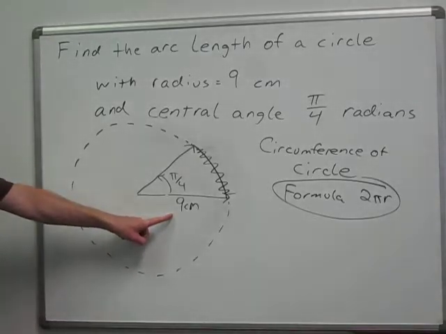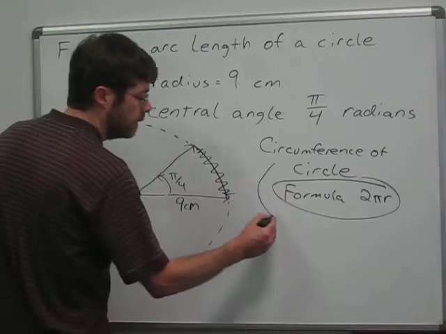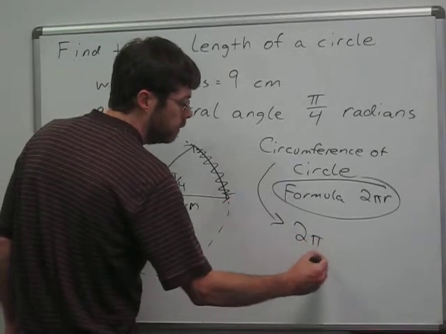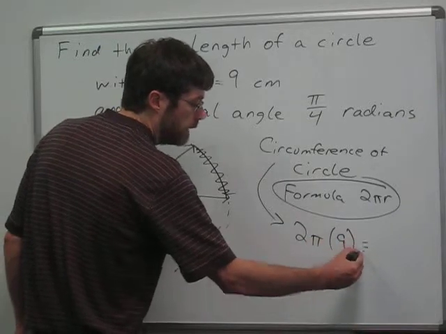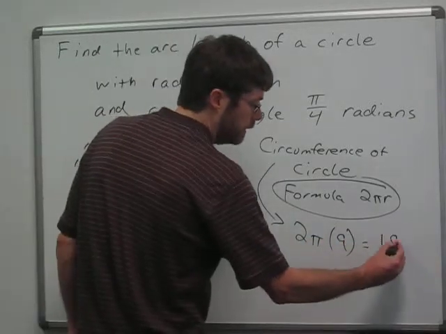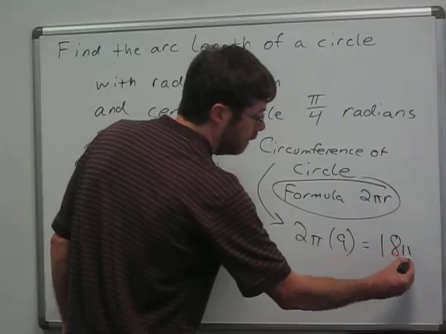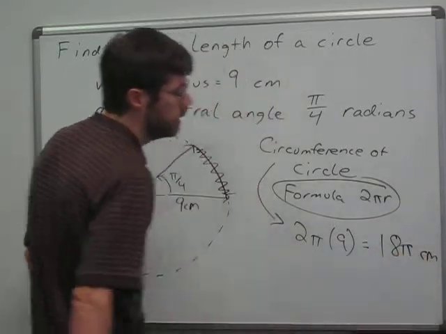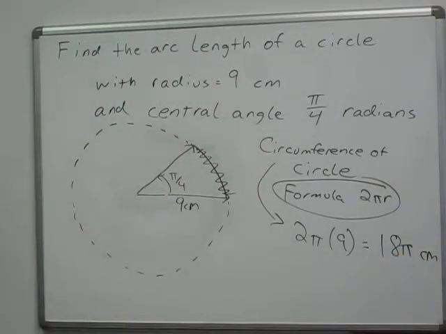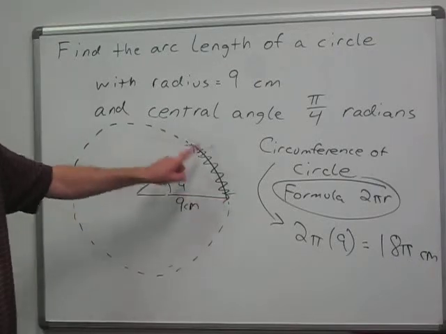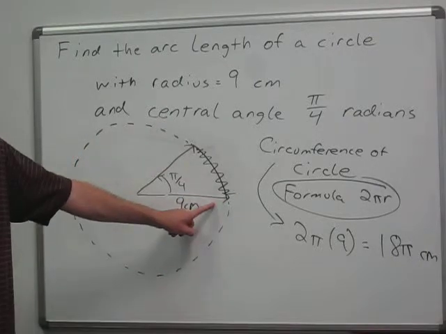Here we have a radius of 9 centimeters, so our circumference is going to be 2 pi times 9, which is 18 pi centimeters.